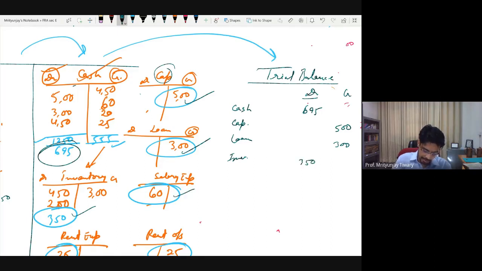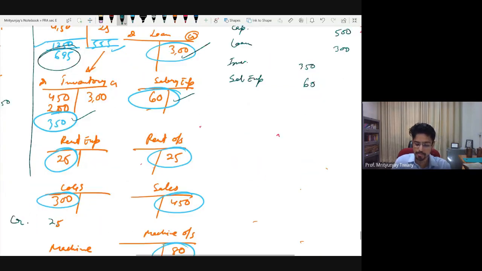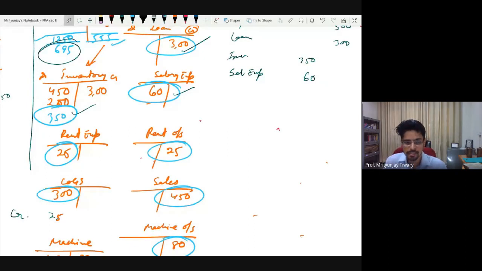Next one is salary expense 60. I will write salary expense and 60. Make sure that you don't make any error of debit and credit changing the lines. Okay. Rent expense debit of 25, rent outstanding credit of 25.